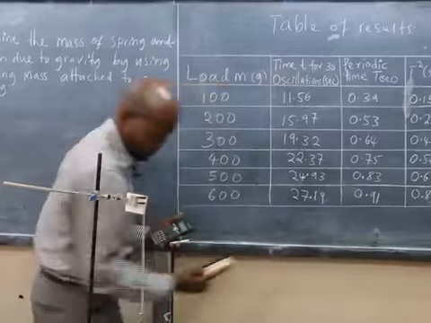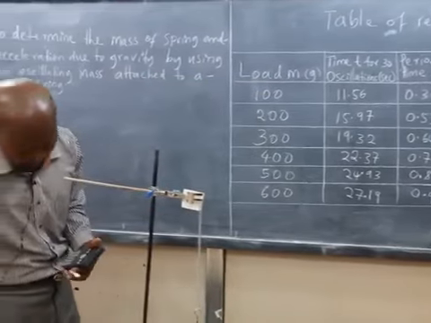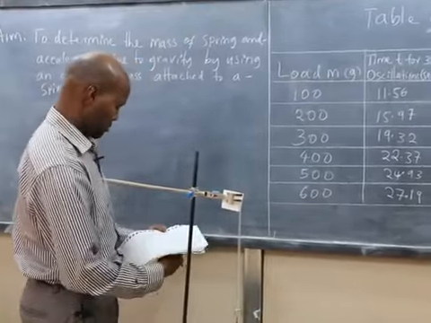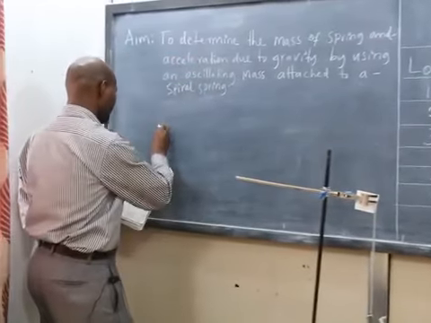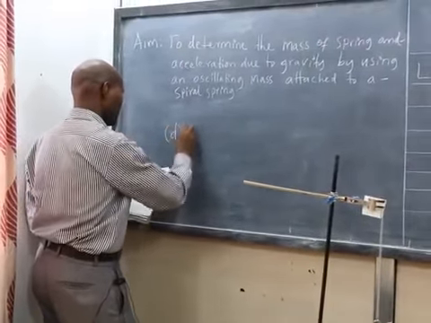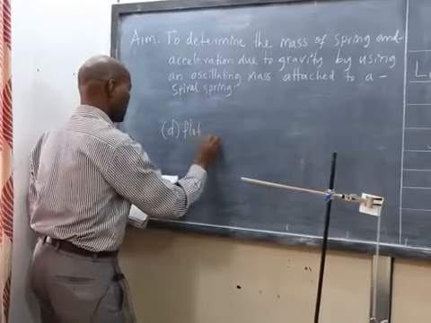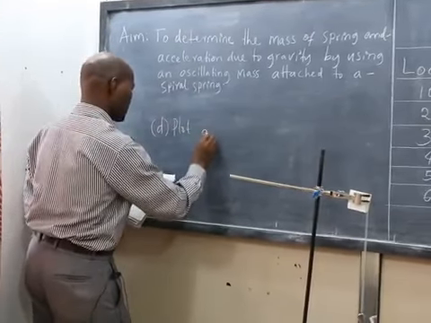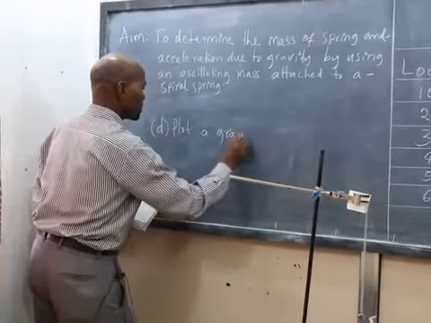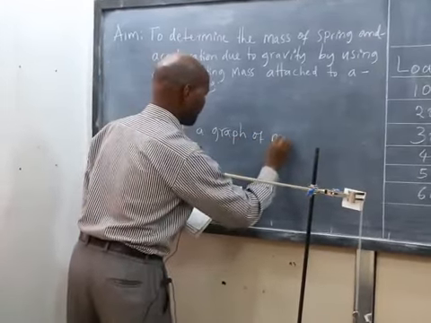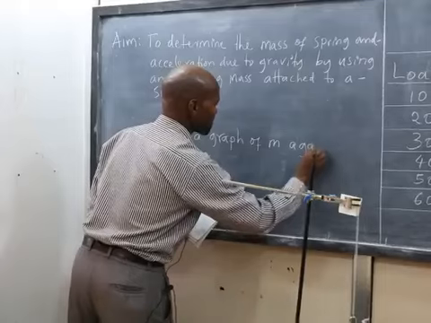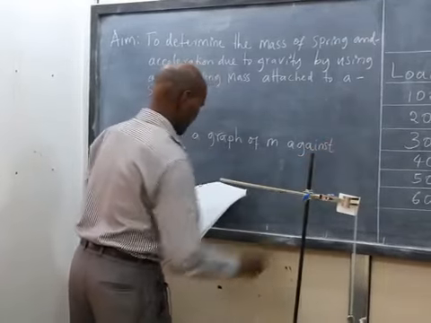Now let us see the question paper. The question paper says to plot a graph of M against T squared.